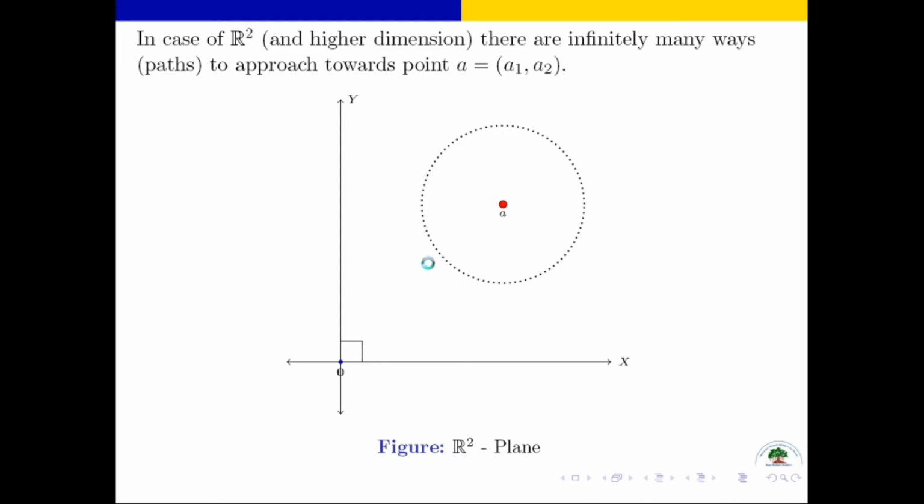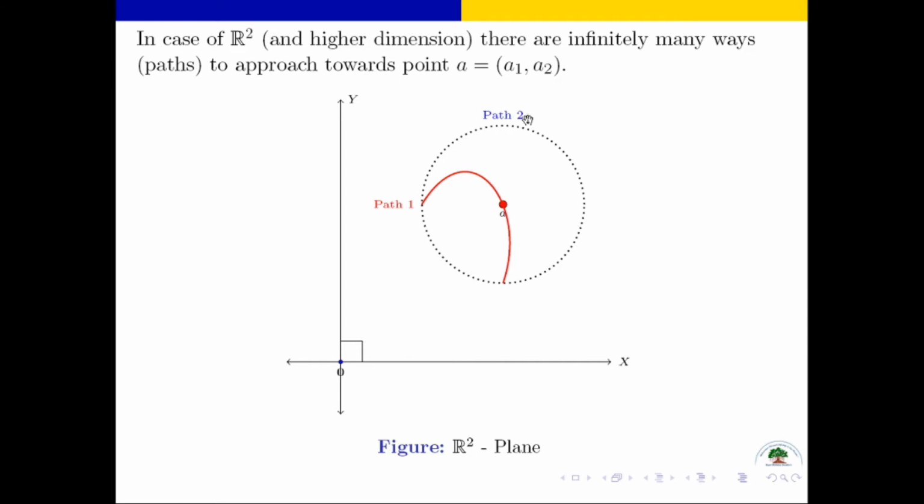Let us draw one path like this. We can approach towards A from this direction, or we can approach towards A from this direction. So I have drawn one path; you can draw many paths.